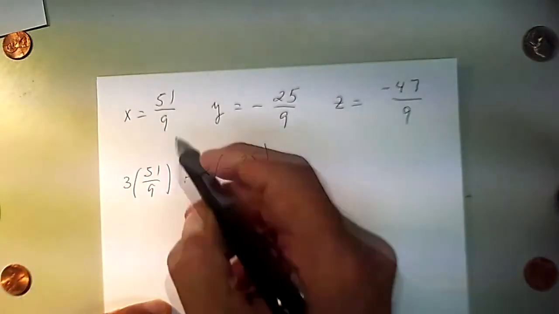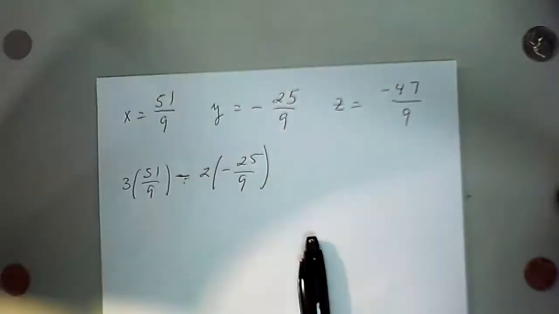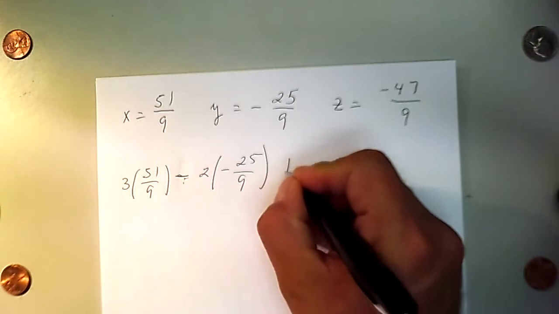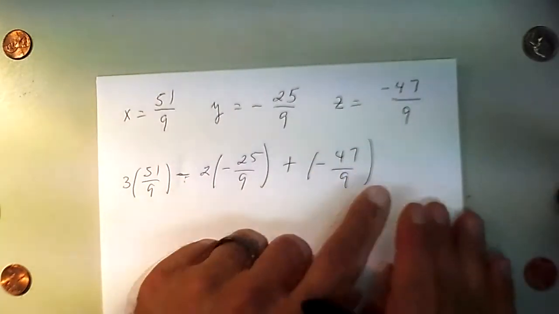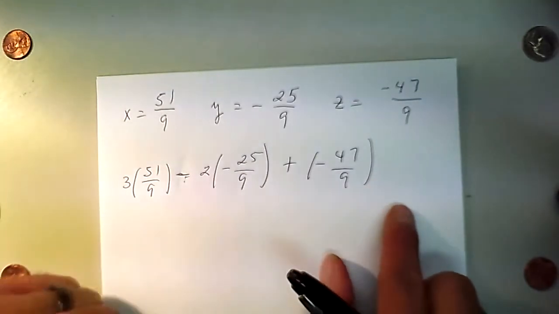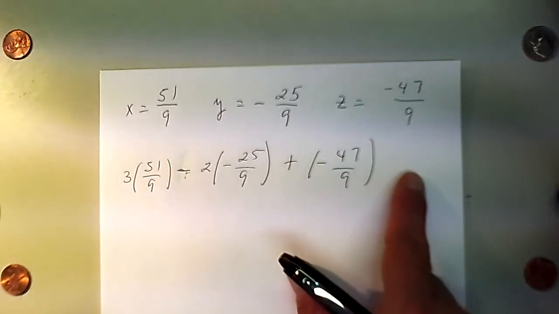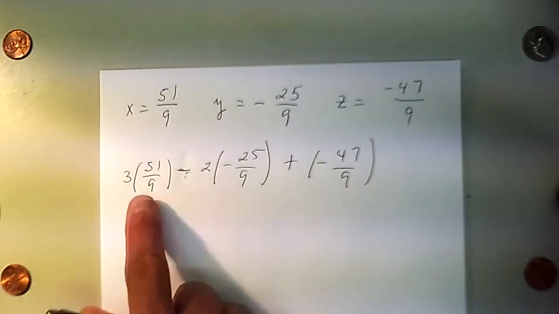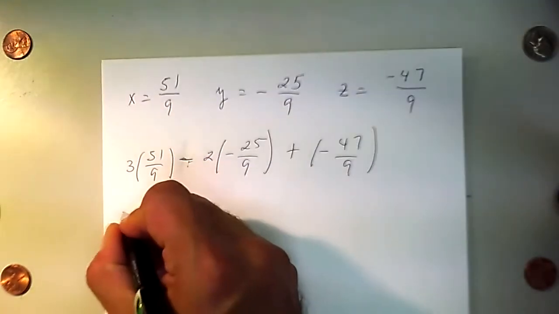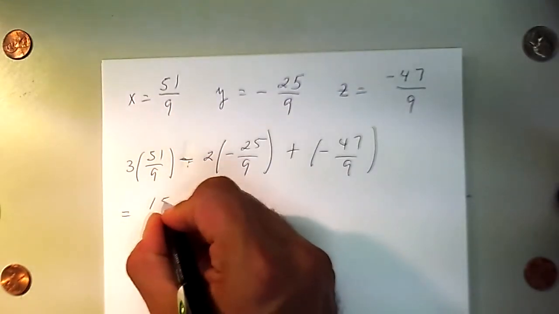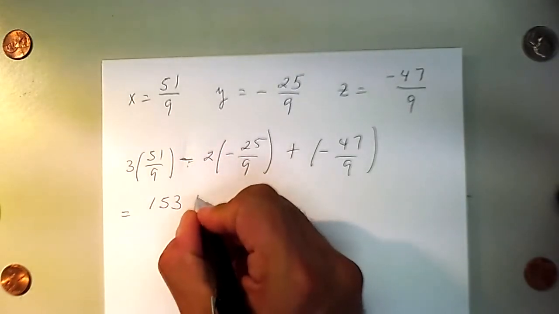So we have a minus, okay, and then plus a z, plus negative 47 over 9. Now, I don't want to know what it is yet. I mean, I know it's 6, yes, but I'm going to pretend I don't know, because if I don't end up with 6, then I know at least one of the solutions is wrong. All right, so 3 times 51 is 153. And then we got a double negative, so that actually makes it a plus 50.